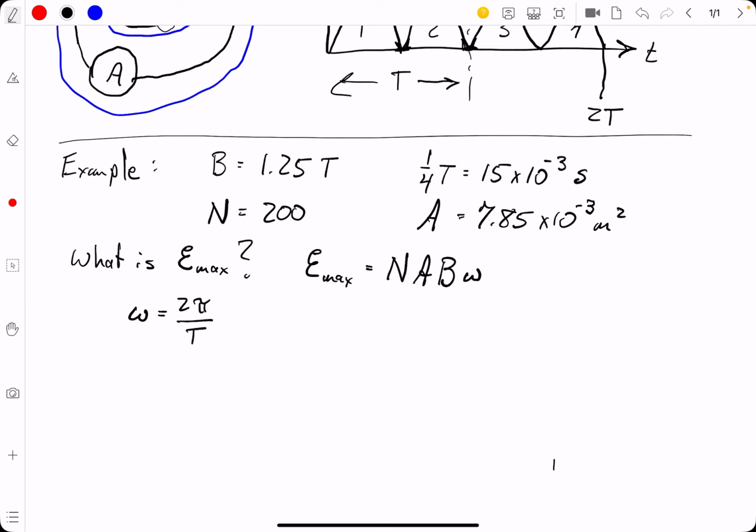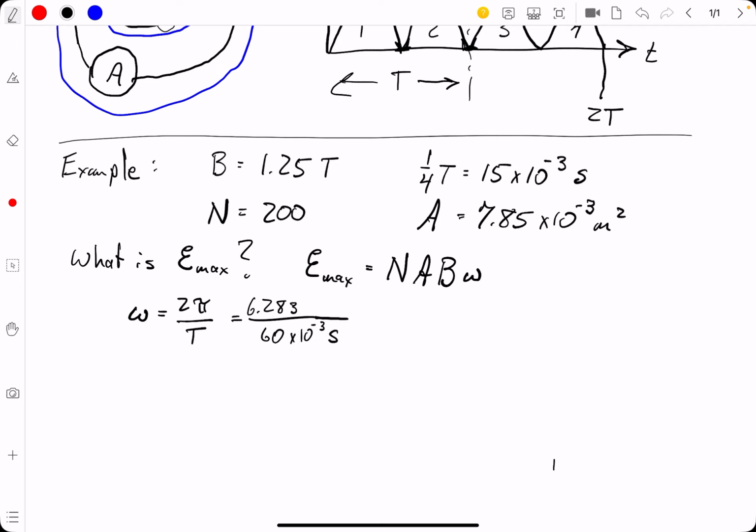So let's put in what T is. 6.283 is 2 pi, and T is equal to 60 times 10 to the minus 3 seconds.